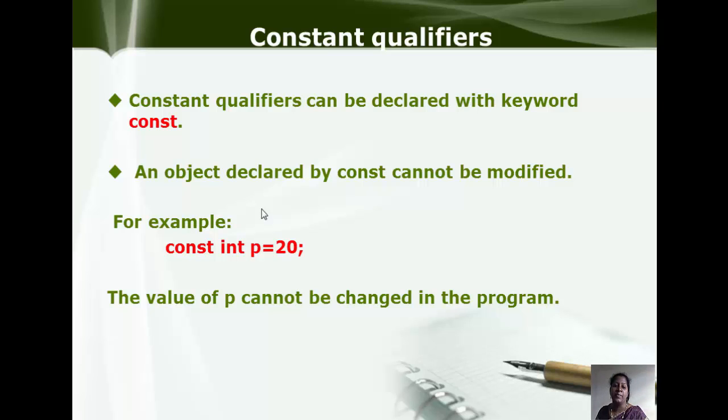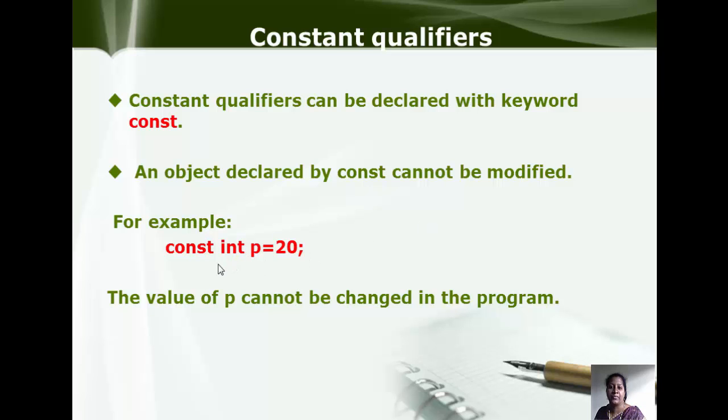For example, here I have an integer variable p which is assigned a value of 20, and p is declared as a constant using the constant qualifier, which means that the value of p cannot be changed in a program. When you try to change the value of p within your program, you will get an error.